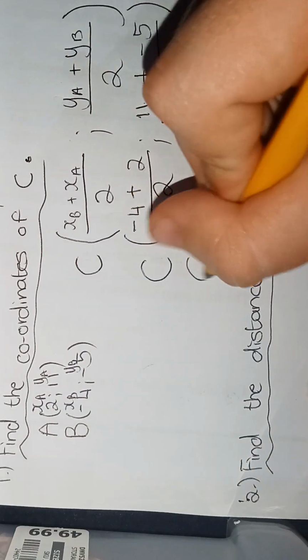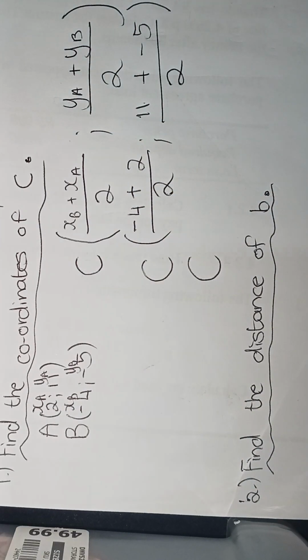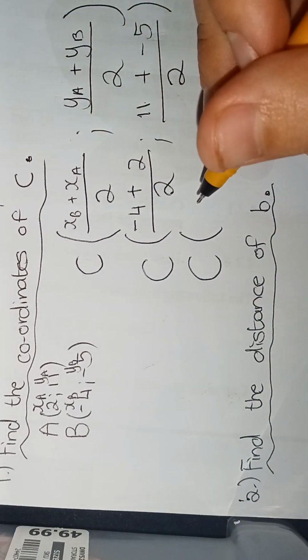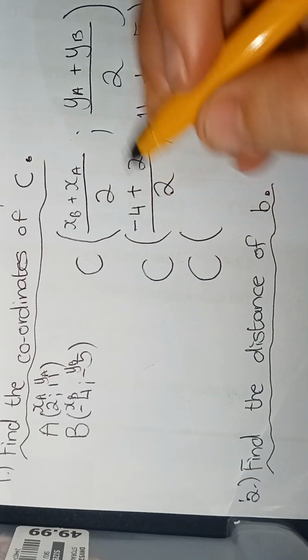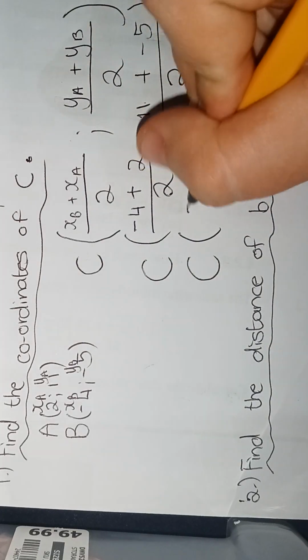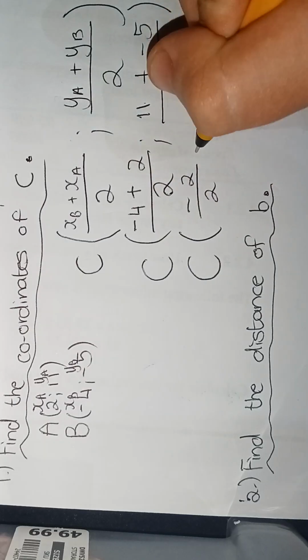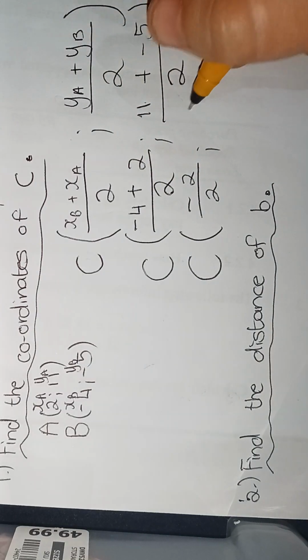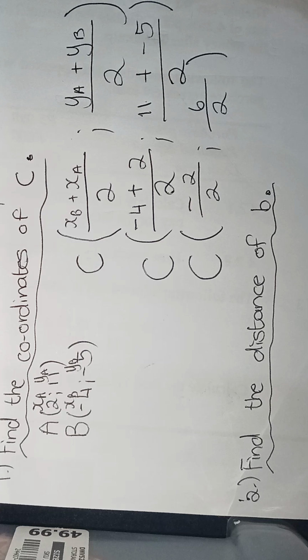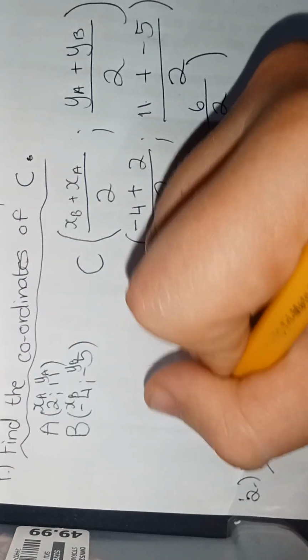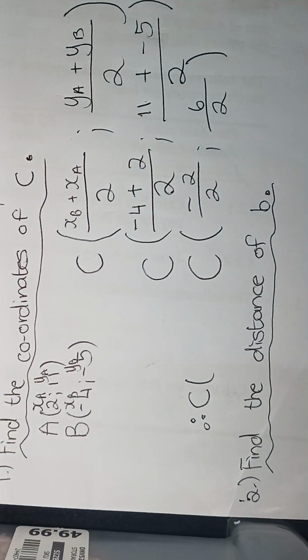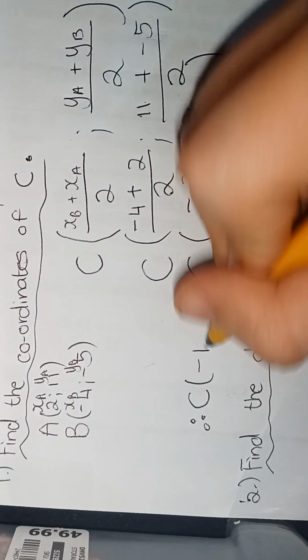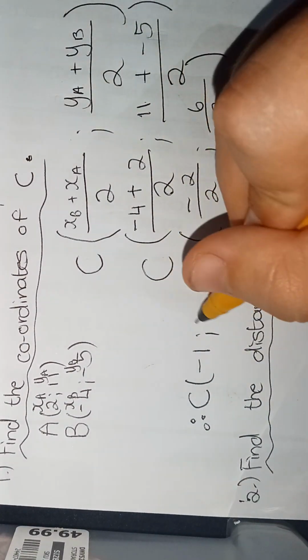And then you would see it's -2 divided by 2, and 6 divided by 2. And thus you would see that the coordinates of point C are (-1, 3).